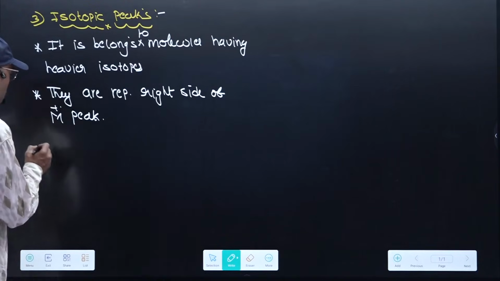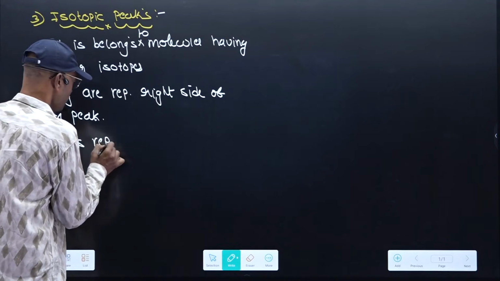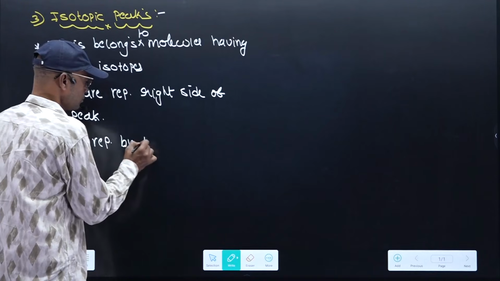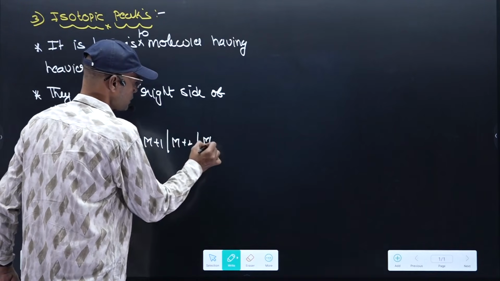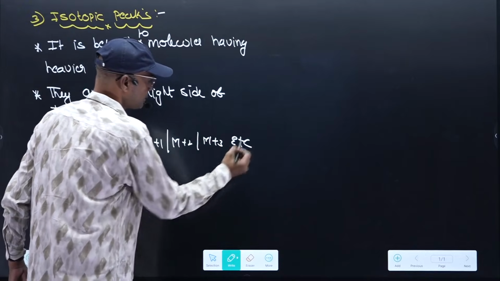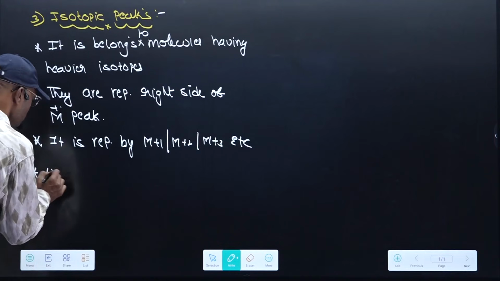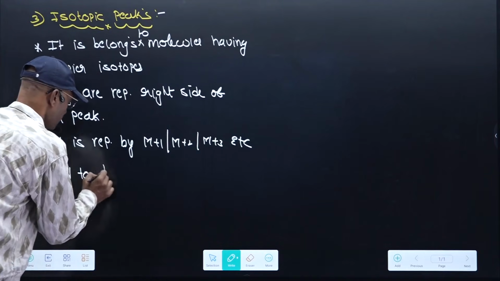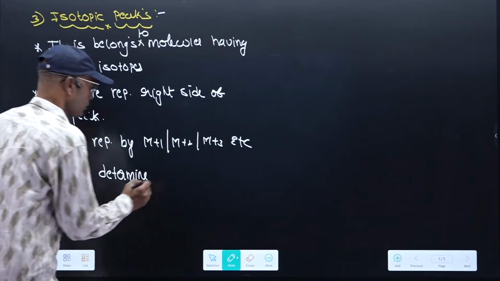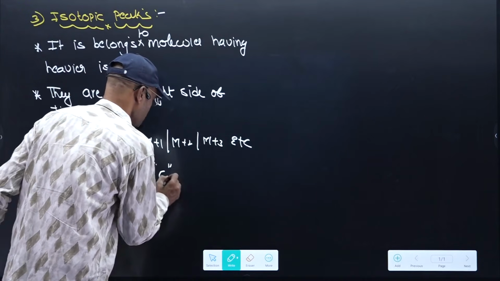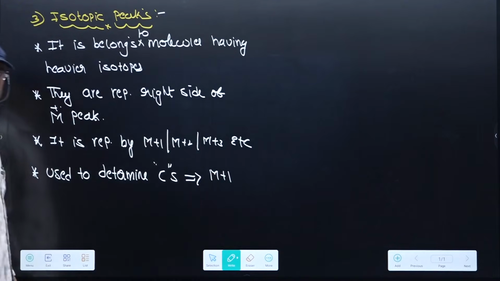So what is the use of the isotopic peak? Isotopic peaks are represented by M+1, M+2, M+3, etc. What are isotopic peaks used for? To determine carbons, especially. Which peak gives information about carbons? M+1.